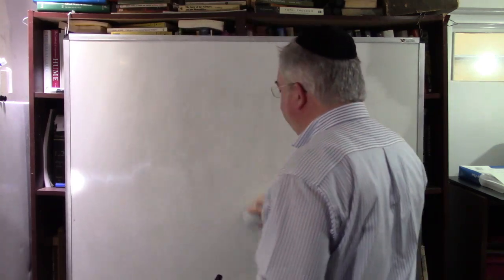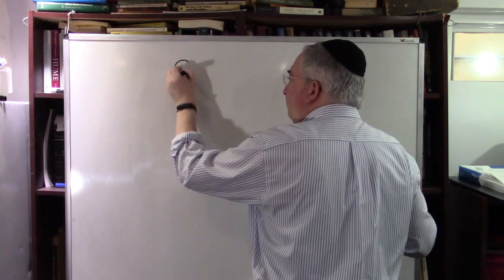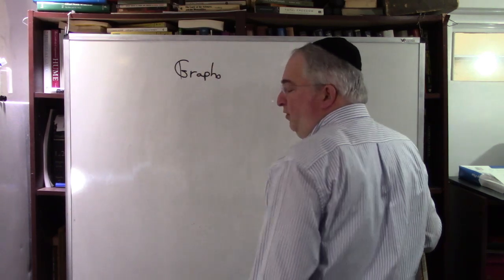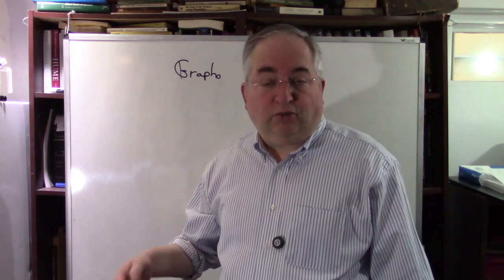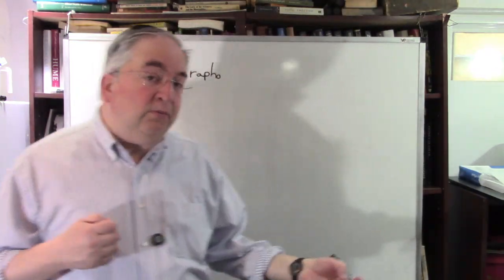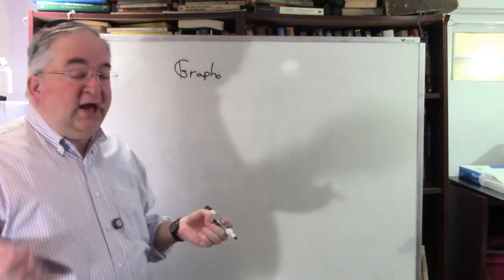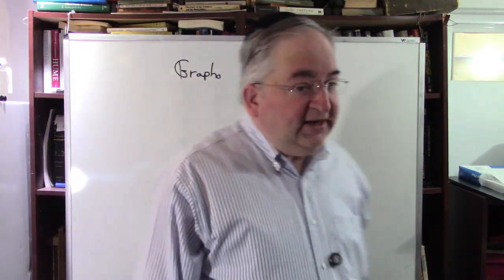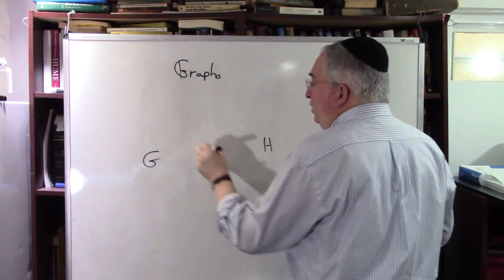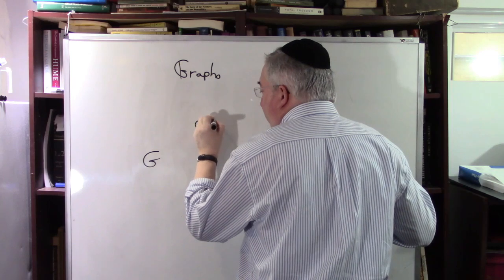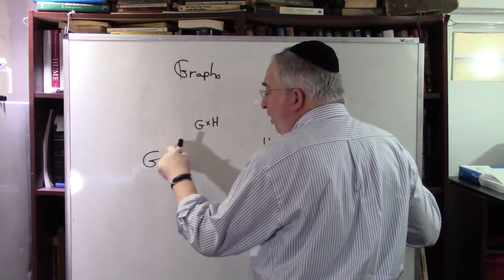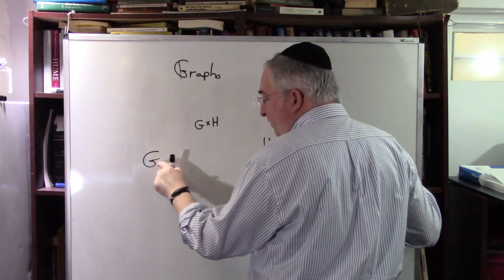Let's see some other examples. We had the category of graphs. What's the category of graphs? The objects are graphs. The morphisms are graph homomorphisms, which we spent time on. Those are morphisms that move objects to objects and morphisms to morphisms. And guess what? If we have a graph G and a graph H, then we can have the product of G and H. The objects of this are pairs of objects from here and here.